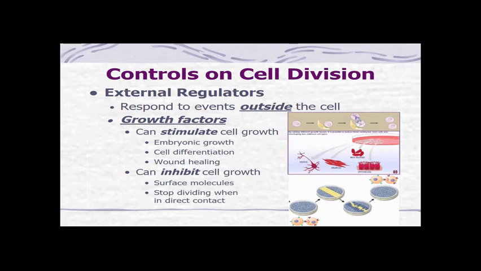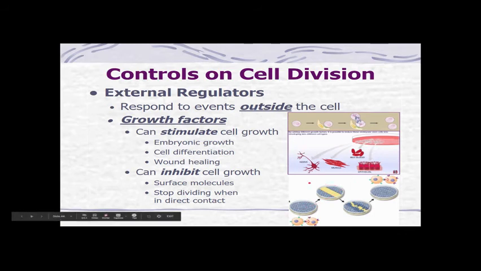Growth factors can also inhibit cell growth. And this has a lot to do with surface molecules that cells will stop dividing when they're in direct contact because the cells realize that there's enough cells there. And there's been experiments done that show this, and you can see this on the bottom, that if we have a petri dish full of cells and they're all touching, that's going to inhibit or slow their growth.